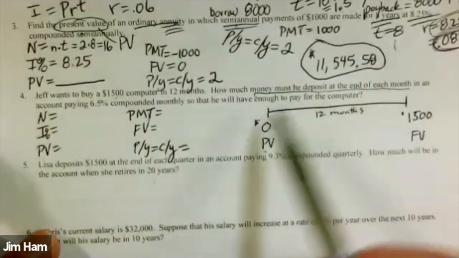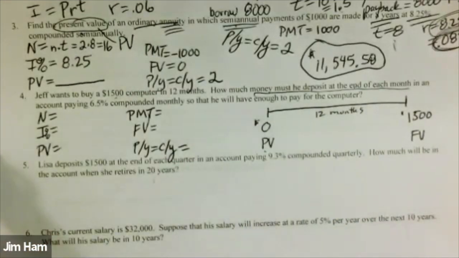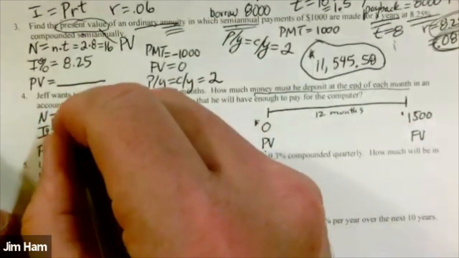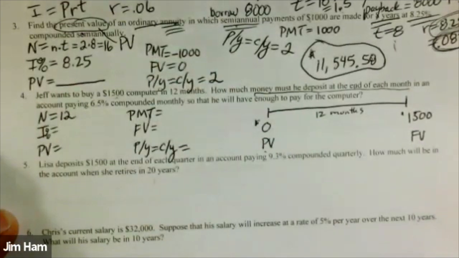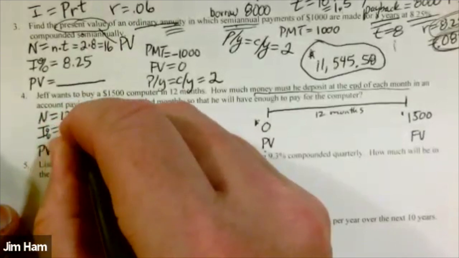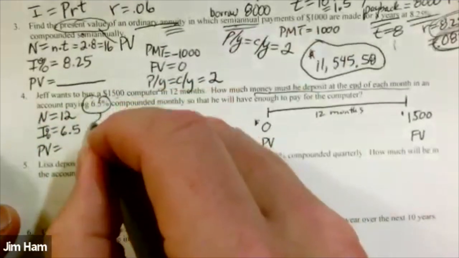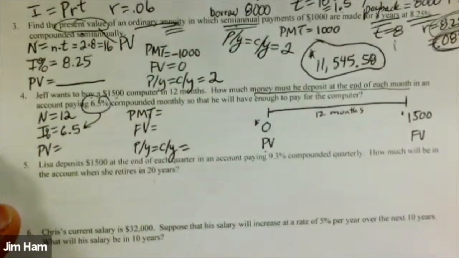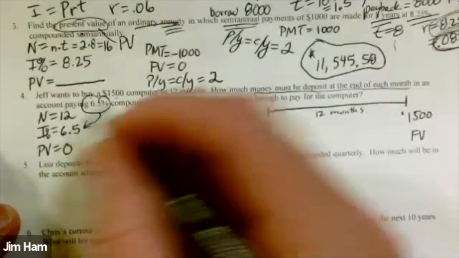So again, a little diagram like this might help you place some of those values in the TVM solver. All right, so N is 12, 12 equal payments. The interest rate is 6.5. We start with nothing.